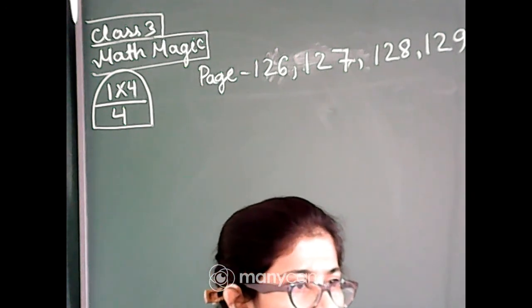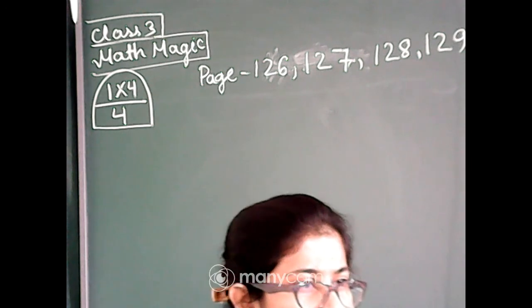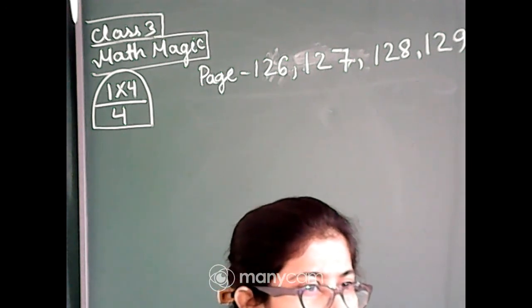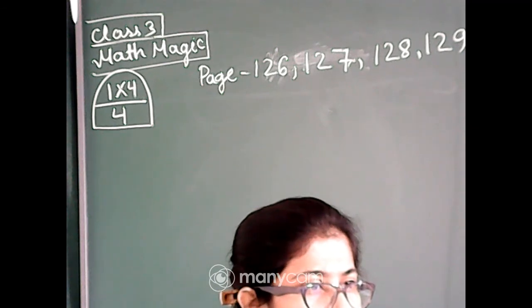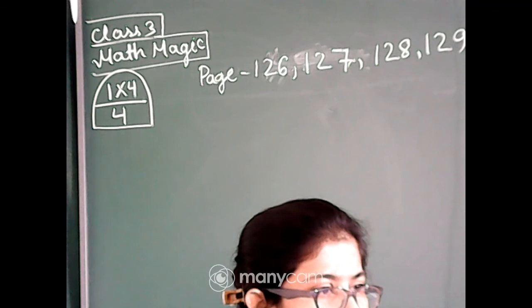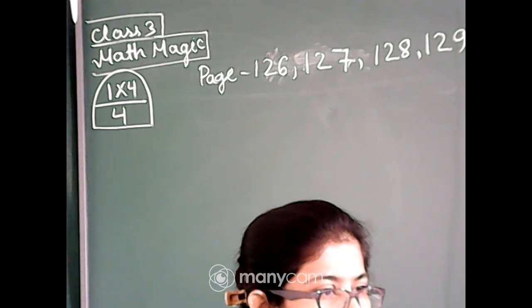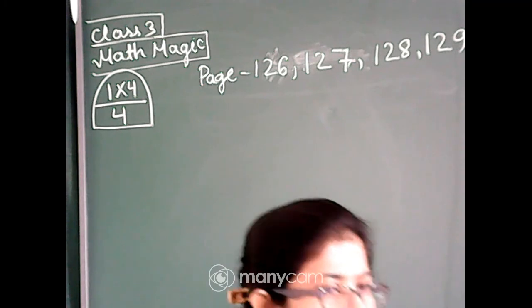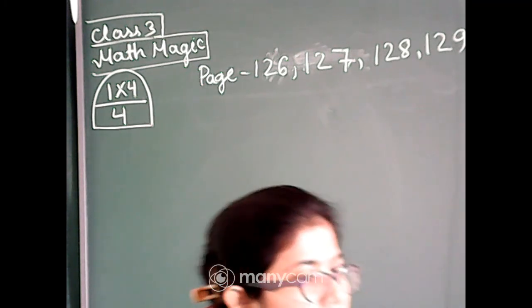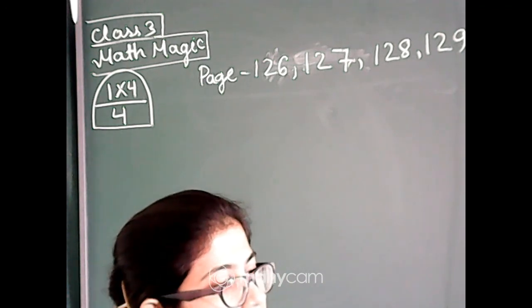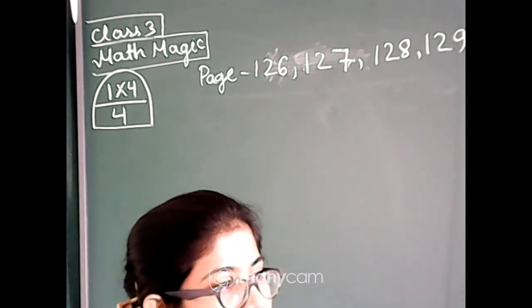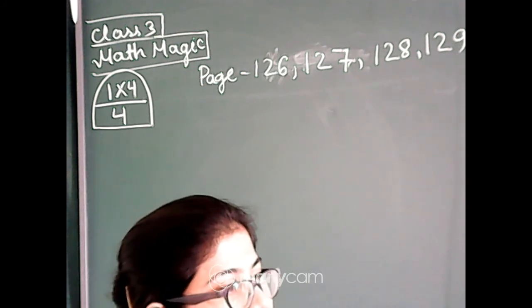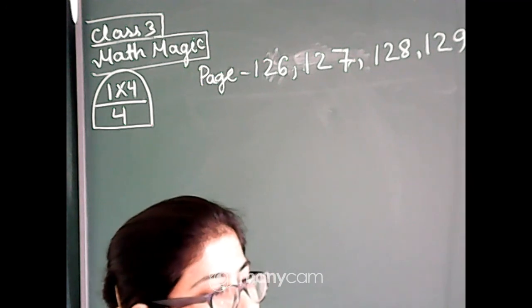Ayush Mondol. Okay, Ayush Mondol, look at page number 126. 8 times 2, how much is it? It's 16, not 18.